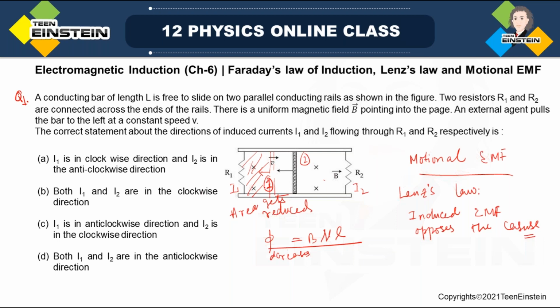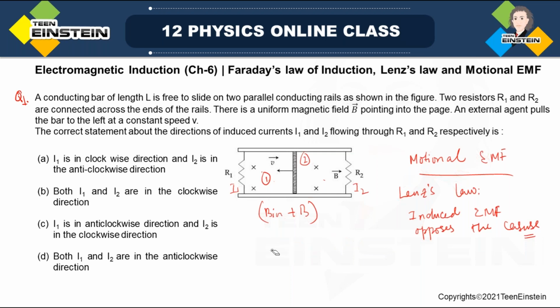That means in this loop, loop 1, since the flux is getting reduced, the induced field should get added up with the existing one, such that the decrease in flux is opposed.